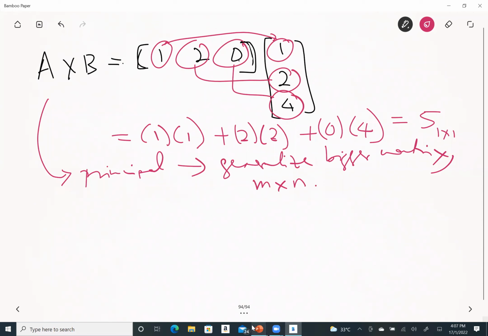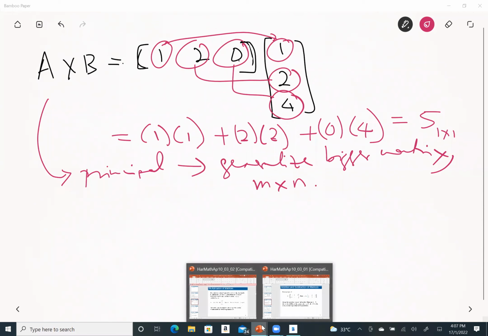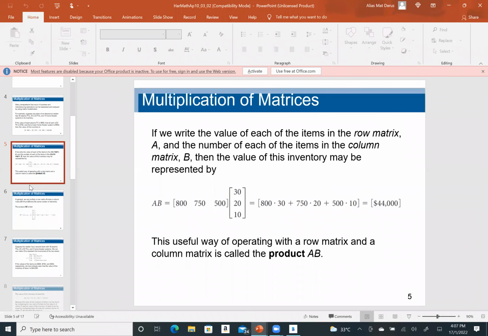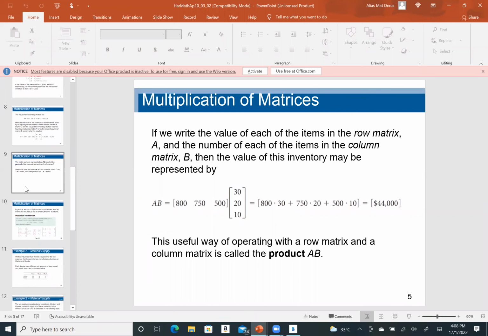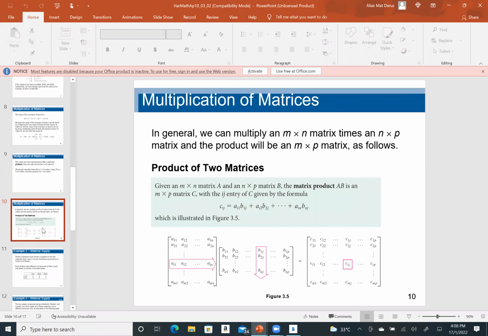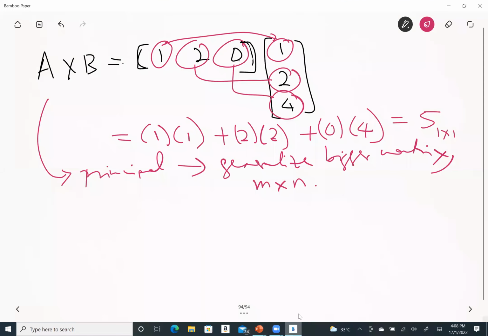Do I want to show the general rule first? Or we do an example. Let me see which is easier. I think we start with a smaller example. All right.